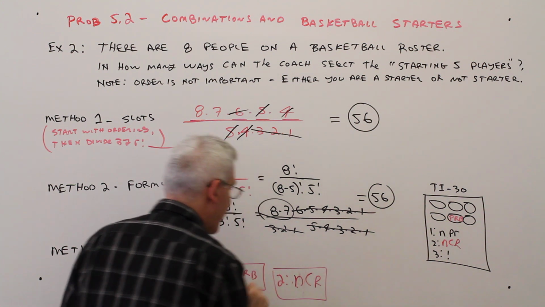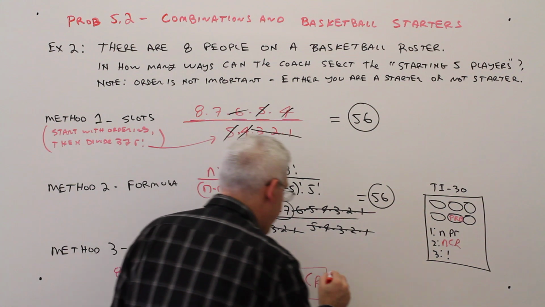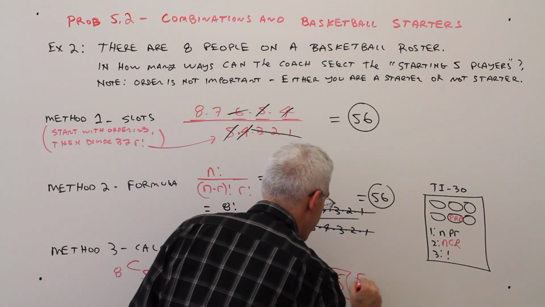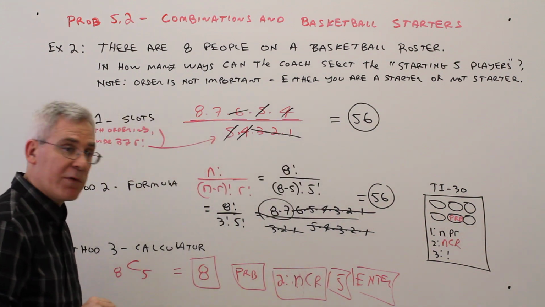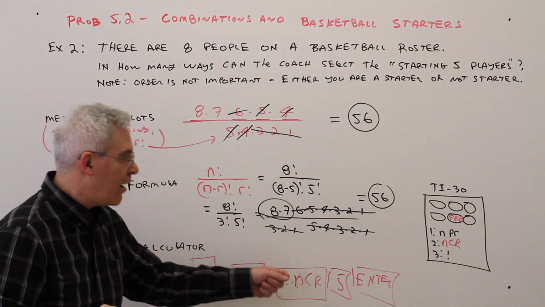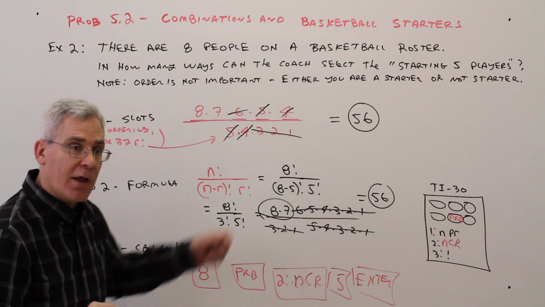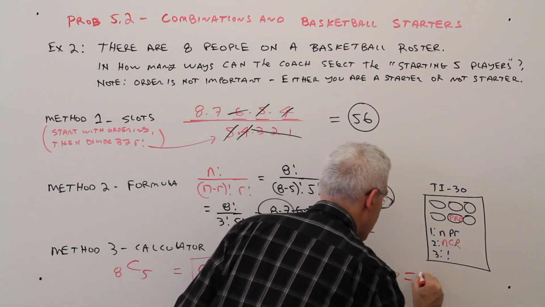NCR on your calculator, then press 5, and then press enter. So once again, 8, the probability key, NCR, 5, enter, and you should get 56 again.